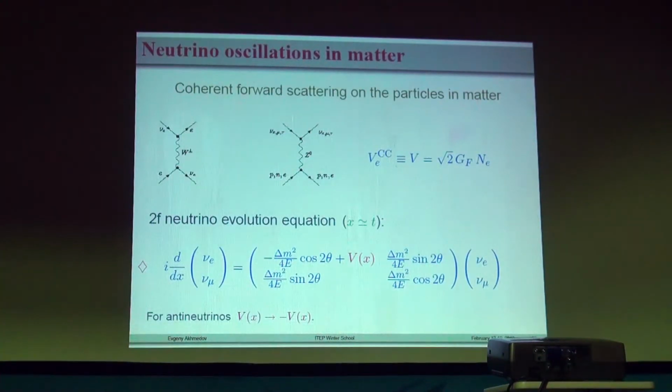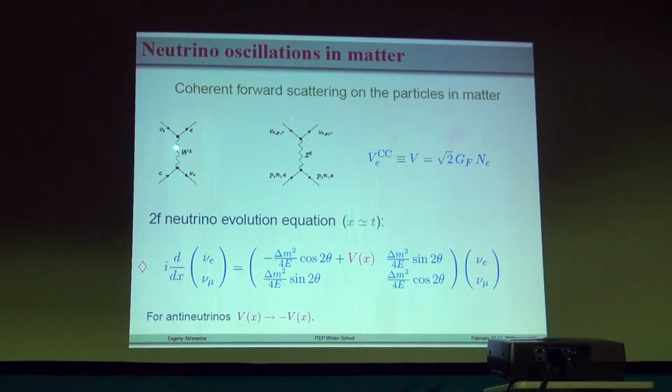Okay, what actually happens when neutrinos propagate in matter? Well, let's consider normal matter. By normal matter, I mean matter which consists of nuclei, protons, neutrons, electrons, and no other particles. In this case, neutrinos can interact with electrons through the charged current interactions, W boson exchange, and with all particles through the Z boson exchange.